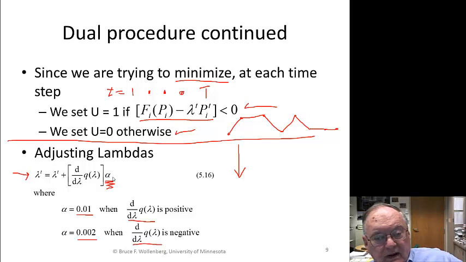I won't let it go back down by the same multiplier. And this will help bring it into a solution. Now notice that I do this again for all the time, t equals 1 to T. So I have to do this for every t. I'm adjusting the lambdas. When I have adjusted the lambdas, I go back to the other steps.